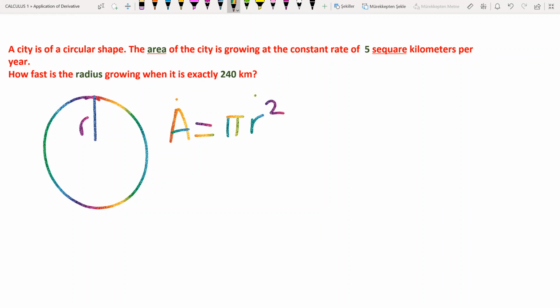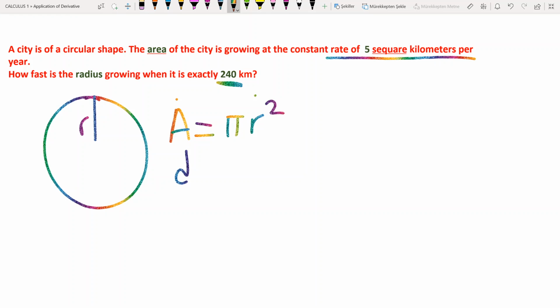The area A and the radius r are functions of time since they change with respect to time. The area of the city is growing at the constant rate of 5 square kilometers per year, so dA over dt is given. We are requested to find dr over dt when r is exactly 240 kilometers.